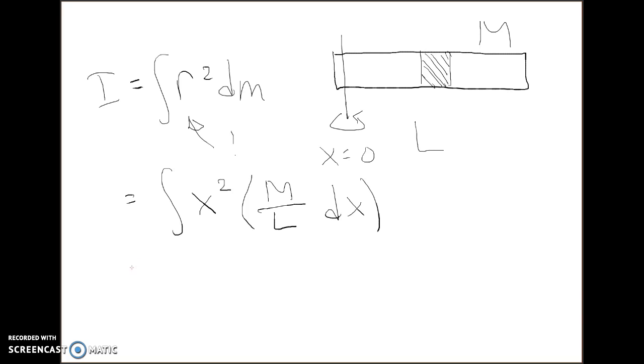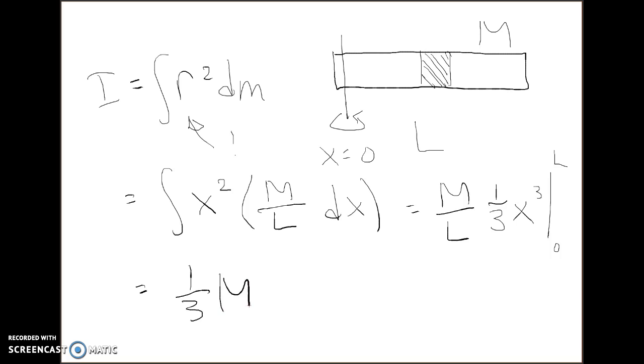Okay, so this turns out to be the m over L out in front, and then 1/3 x cubed from x equals 0 to x equals L, which is 1/3 m L squared.